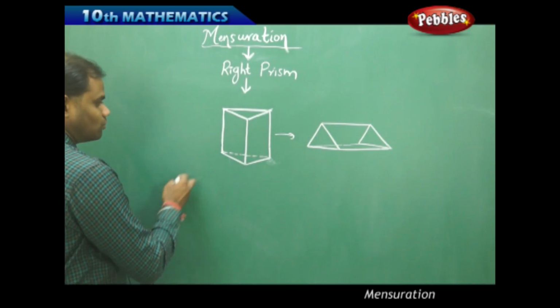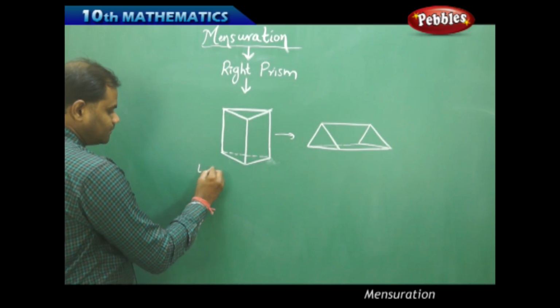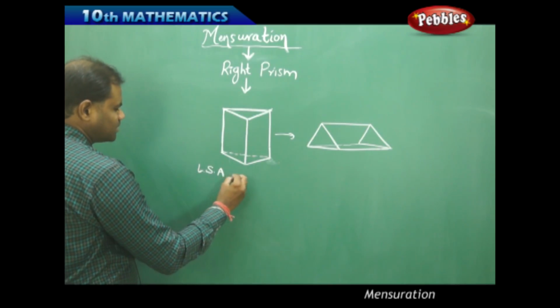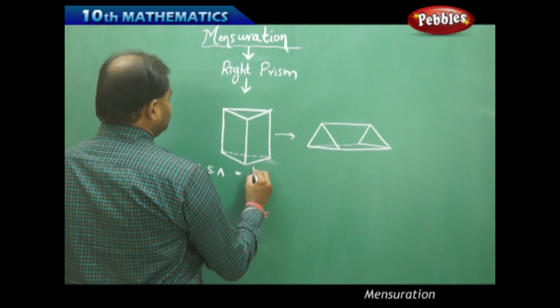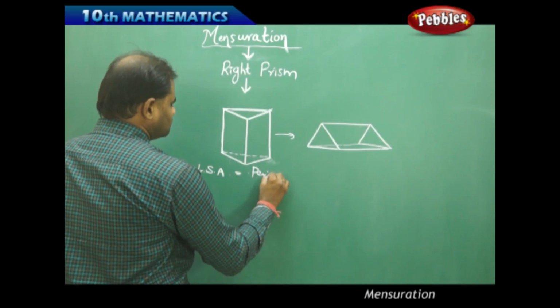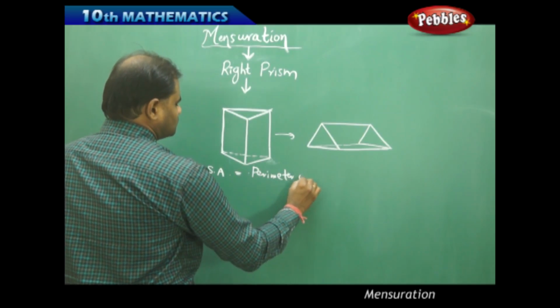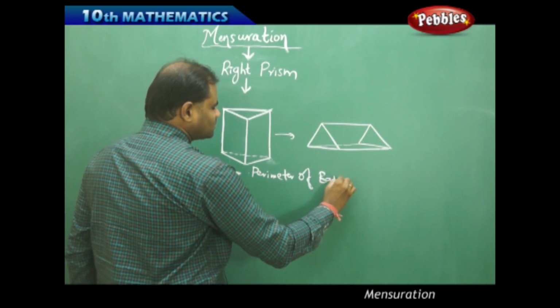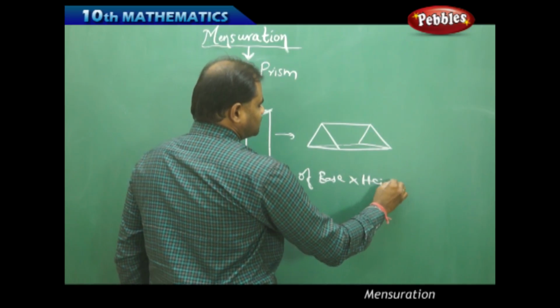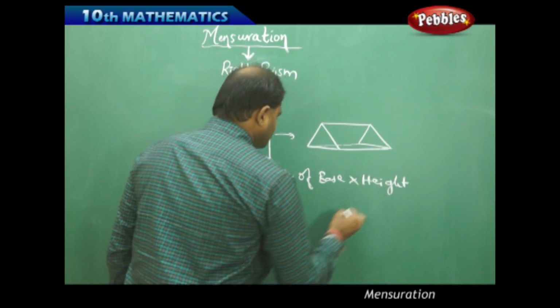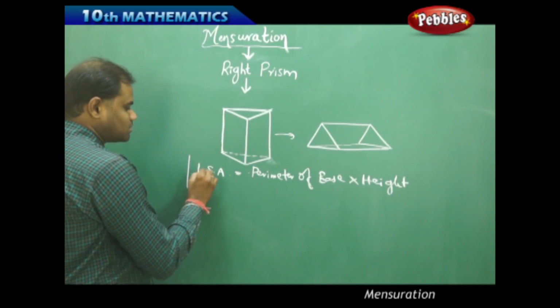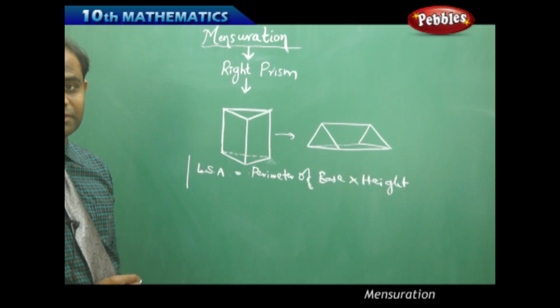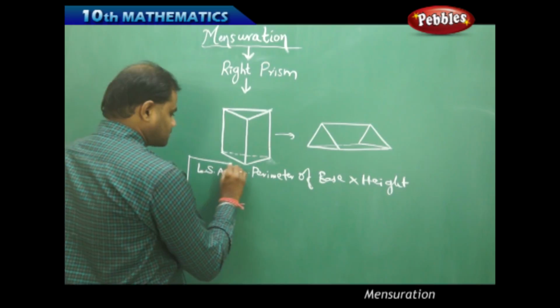In this case, the formula being the LSA of a prism is perimeter of base into height. So this is the basic formula we generally use in simplifying the lateral surface area without its dimensions.